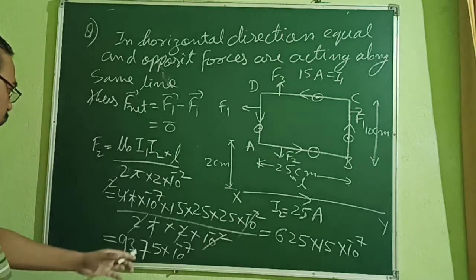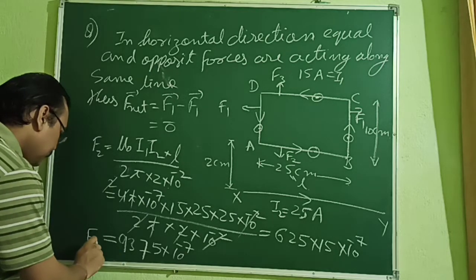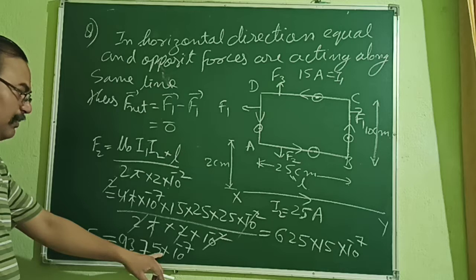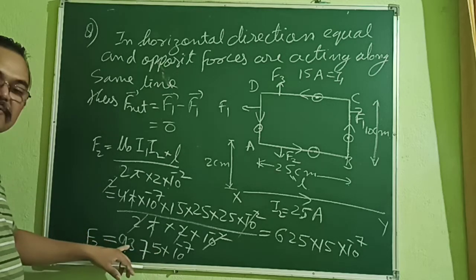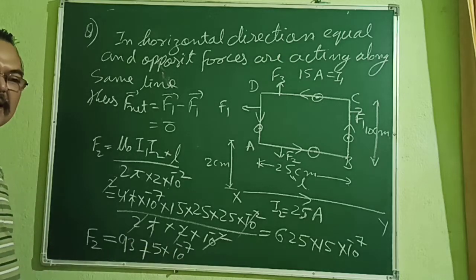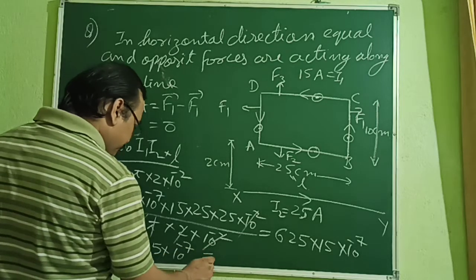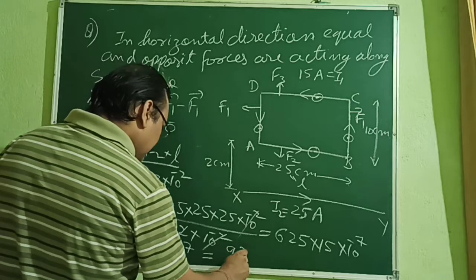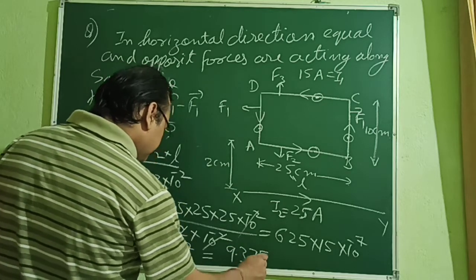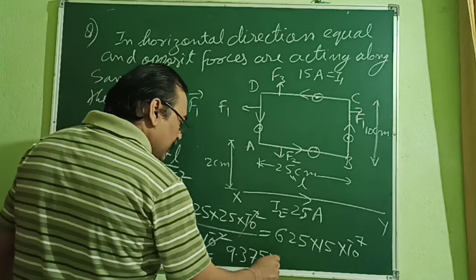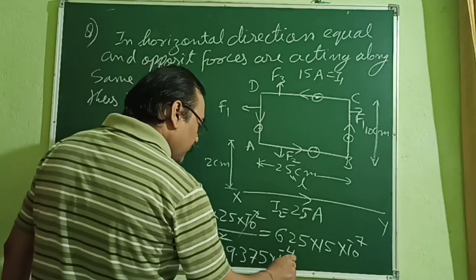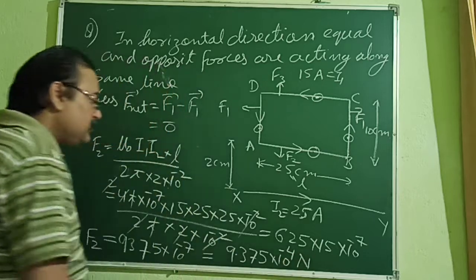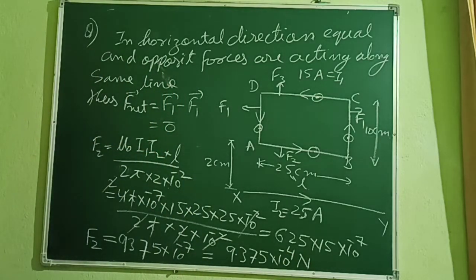To write it properly in scientific notation, the decimal is at the back side and we have to bring it 3 places front. As we bring it 3 places front, the negative power will decrease. So we can write 9.375 into 10 raised to the power minus 4 Newton. That is the force acting.